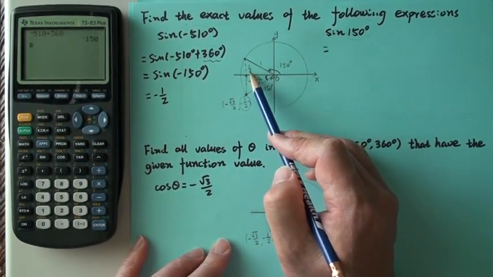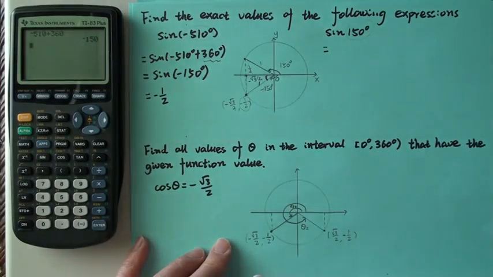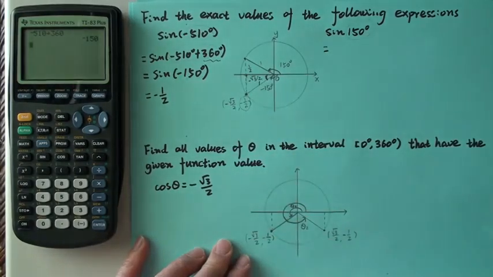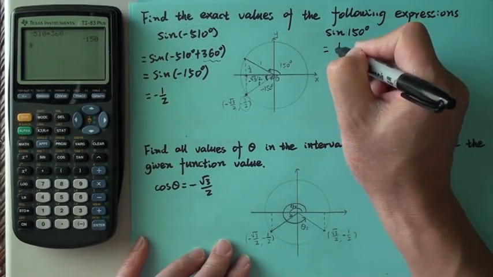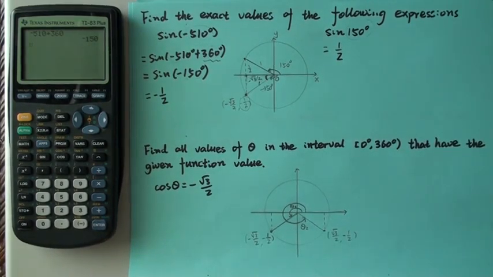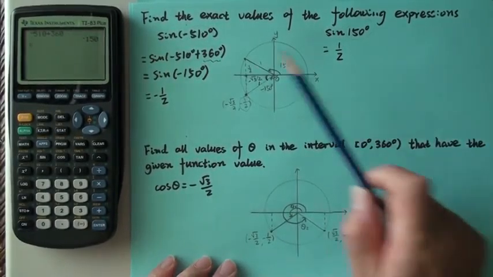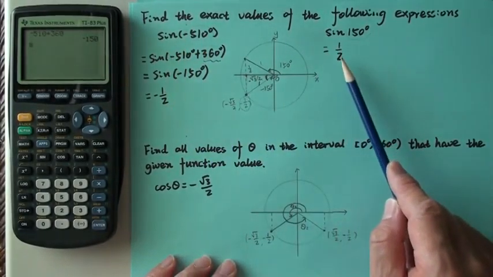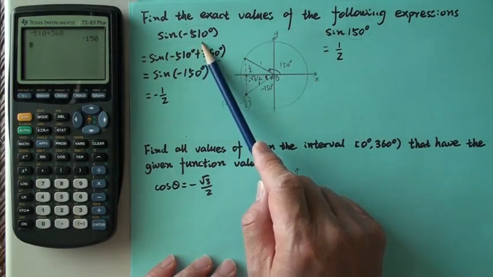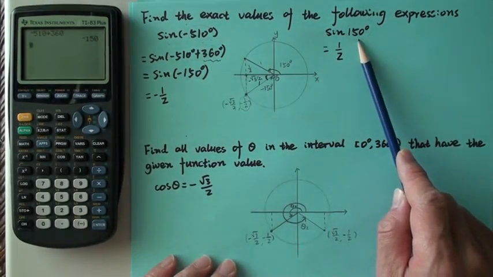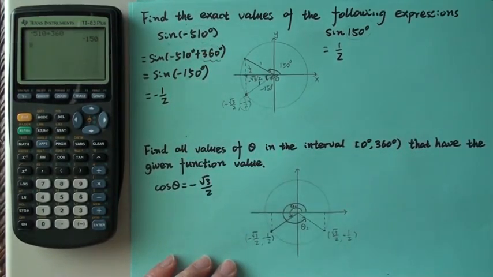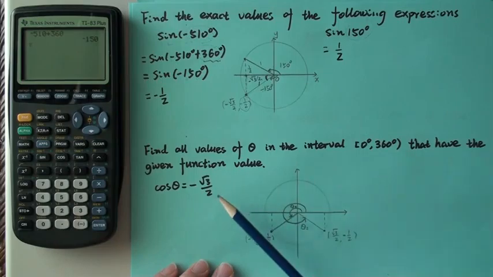The y coordinate is 1/2, since sine is the y coordinate, so you may write down positive 1/2. Now we have found the exact values for sine of negative 510 and sine of positive 150. This is the technique.